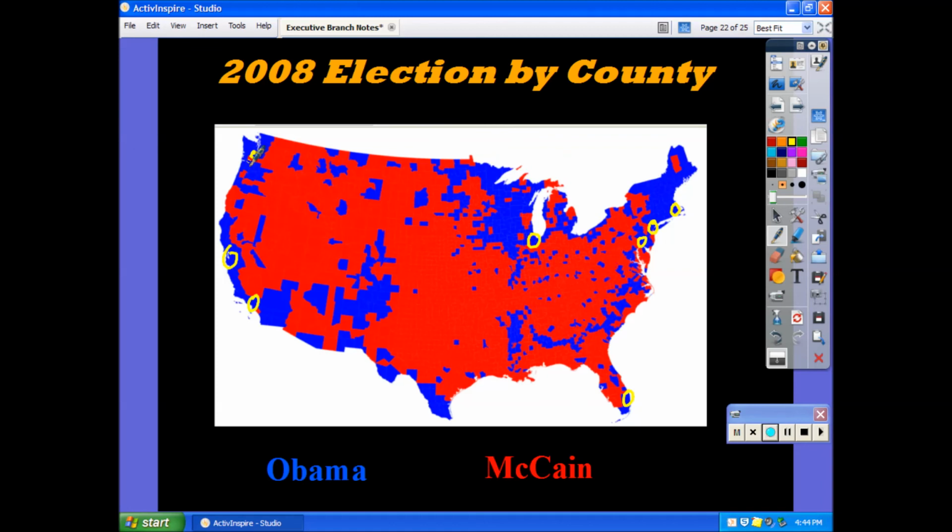And if they swing towards one candidate or the other, the candidate will pick up enough votes just by winning those places. There are other cities, by the way, that we could add to this. But if you just win those, you end up with enough votes in that state to swing that state in your favor.